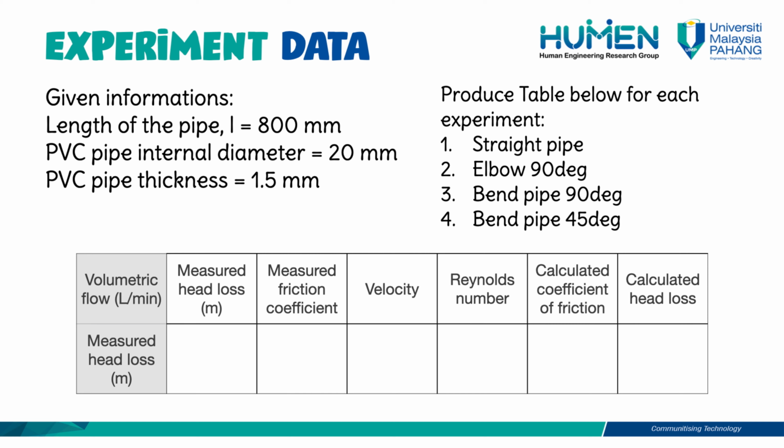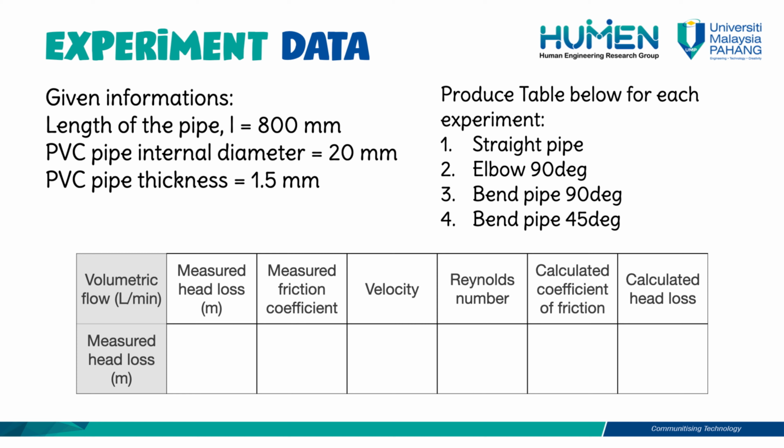This is an example of a table that you have to create, with the information given to you about the length, the internal diameter, and the pipe thickness, and then you have to create this table for two different experiments. The first one you have to conduct for the straight pipe, and the second one is on the elbow bend pipe 90 degrees and bend pipe 45 degrees.